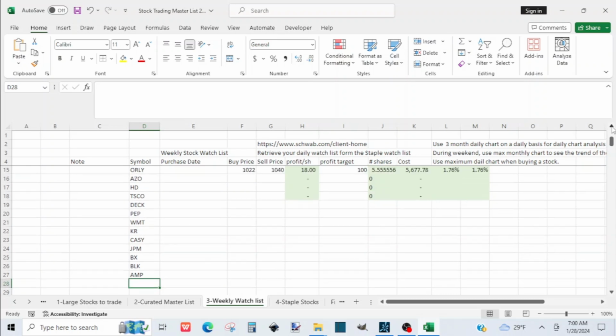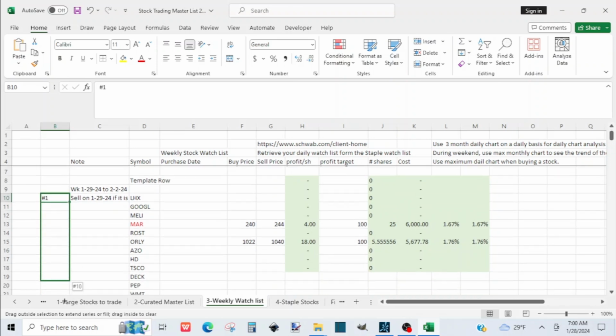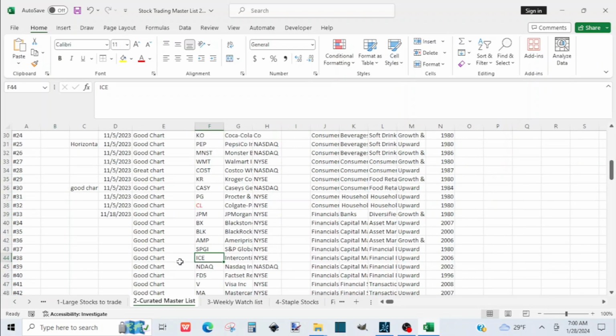Let me see, I don't want to have too many in the chart. Therefore, I'm going to add my number. I'll be analyzing those charts on a daily basis, so I don't want too many on it. We have about 100 to review.